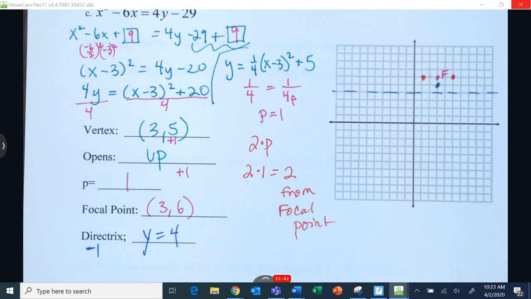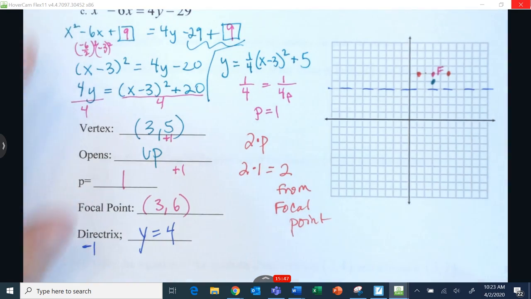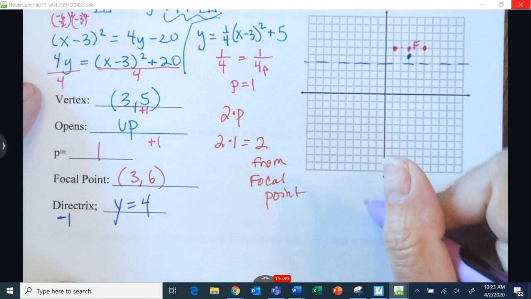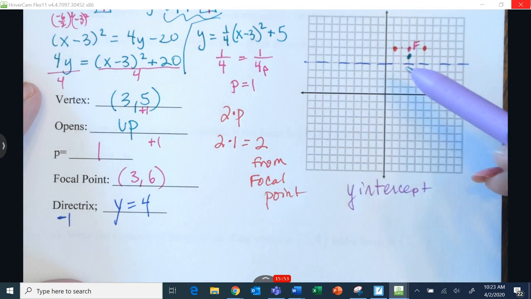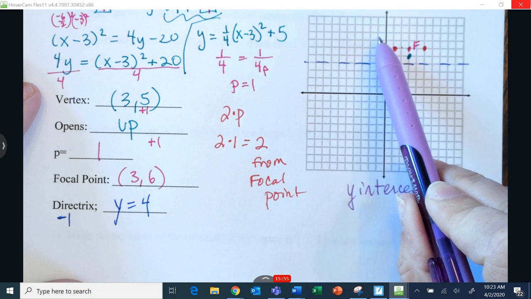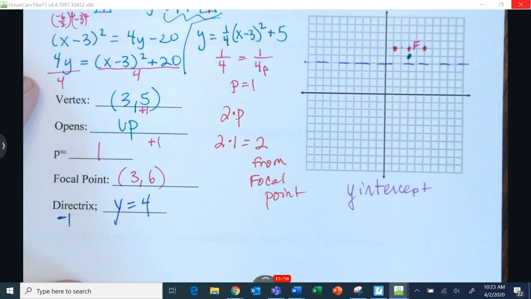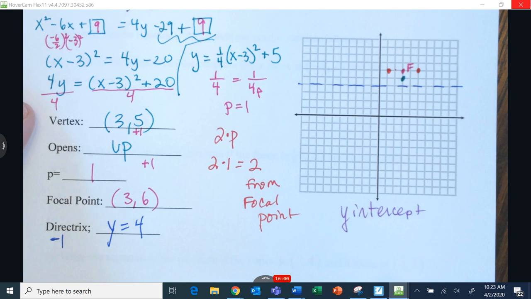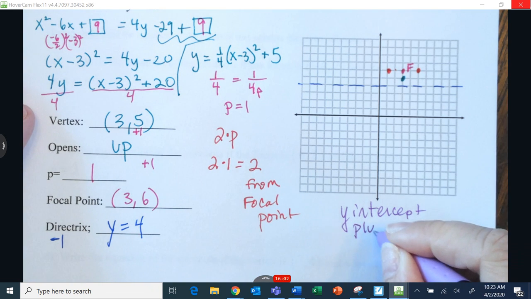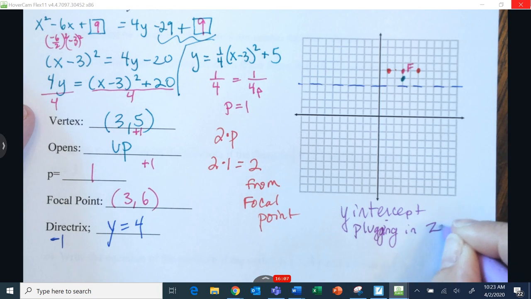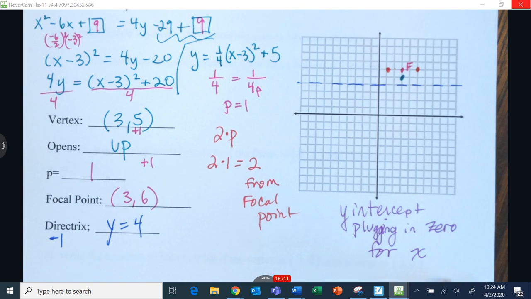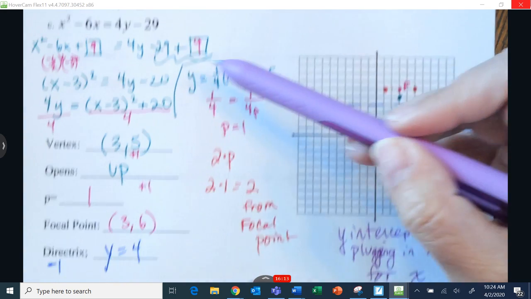Now, I can just plug something else in, but I want to review how to find the y-intercept. Because if I find the y-intercept, I'm going to find another point, and then I can just mirror that for the 5th point. So the y-intercept we find by plugging in 0 for x. And it doesn't matter if you use this equation or if you use the original.